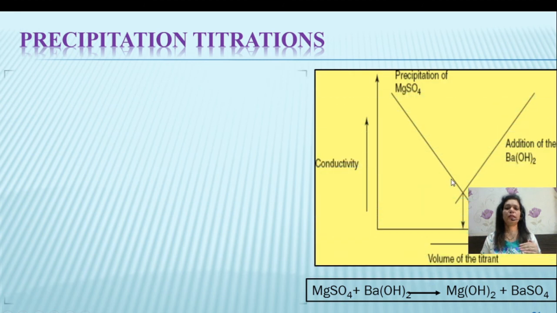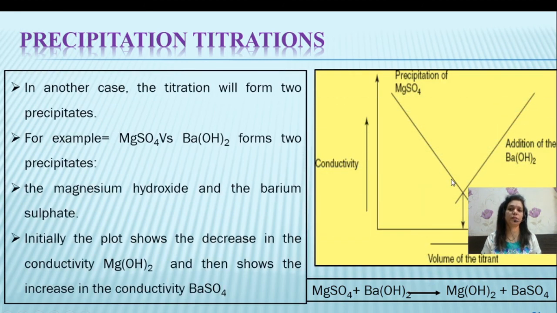This is a second example of precipitation titration where two different precipitates are obtained during the titration. It is a titration between magnesium sulfate and barium hydroxide. Magnesium sulfate forms magnesium hydroxide and barium hydroxide forms barium sulfate.